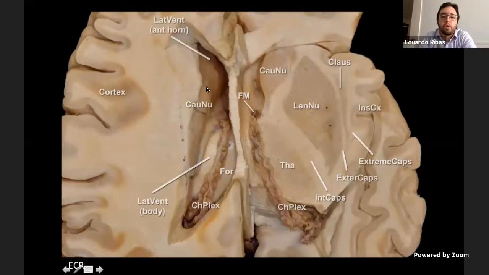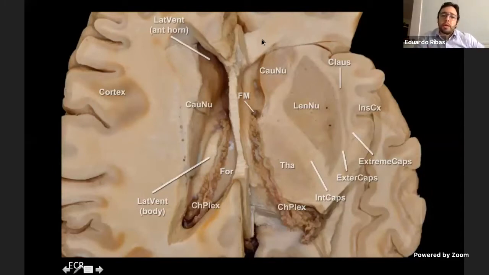Remember that the caudate nucleus is a C-shaped nucleus that wraps the thalamus. So the thalamus will be medial to the posterior limb of the internal capsule. The internal capsule has 5 segments, right? Anterior limb, genu, posterior limb, then retrolenticular segment, and sublenticular segment, which will be inferior to the lentiform nucleus.